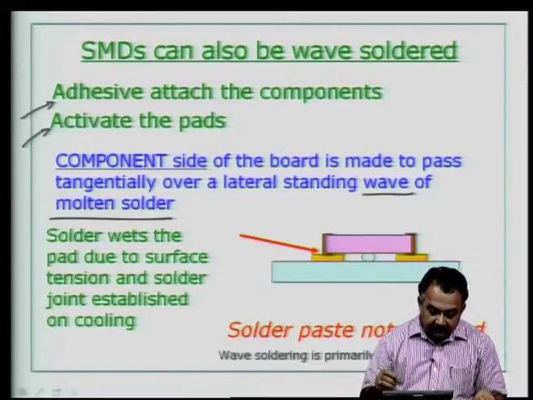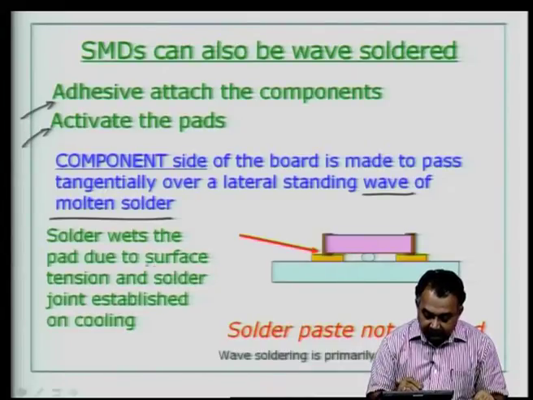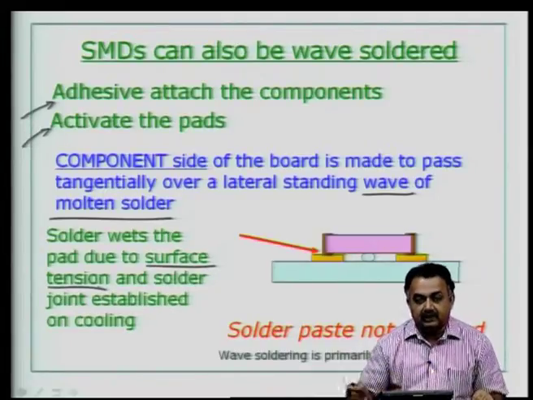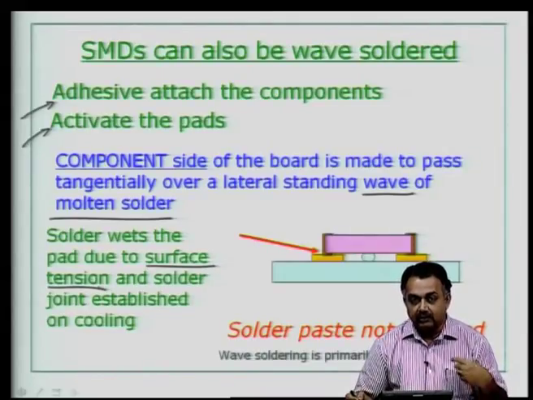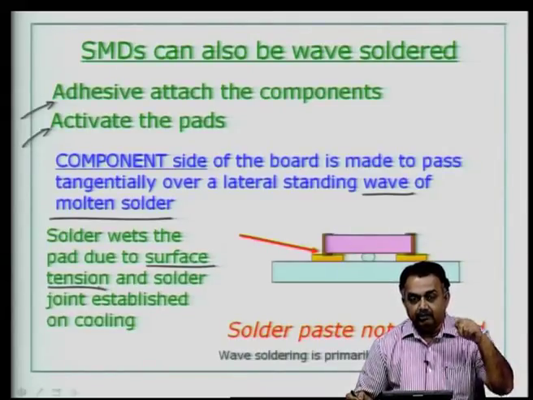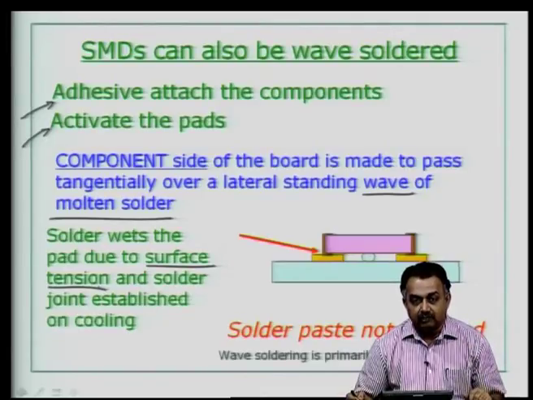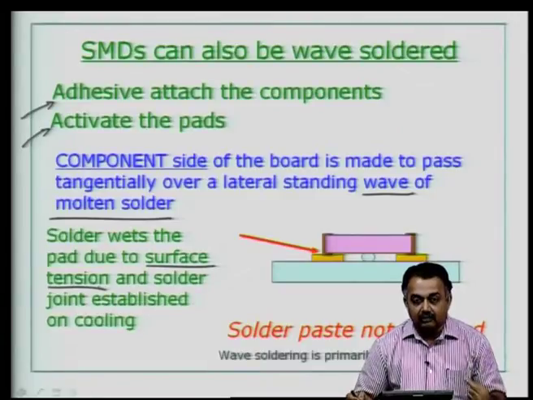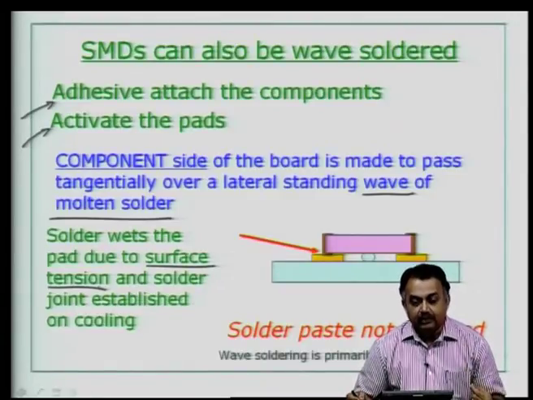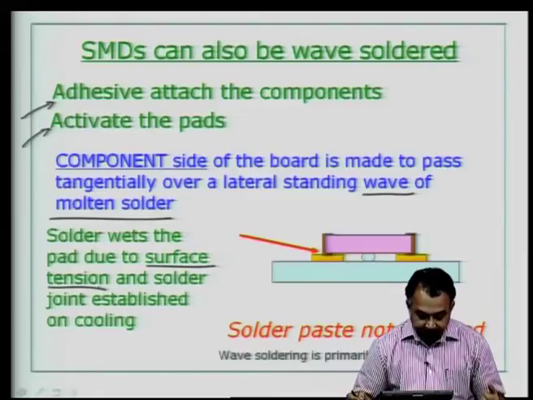So, the solder wetting takes place due to surface tension, whereas in the first case it is a case of wicking process, because there is a hole and there is a pin coming out from the hole, and it helps in pulling the solder through the pin due to some kind of capillary action.